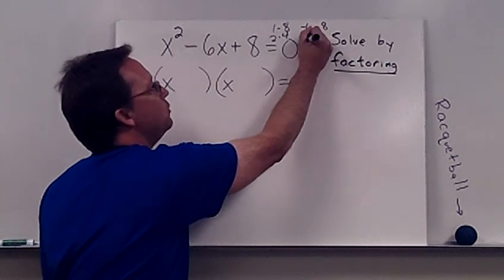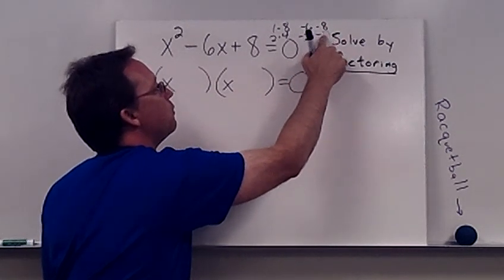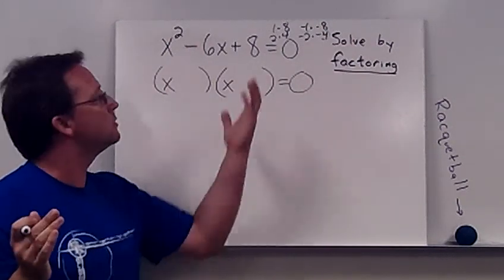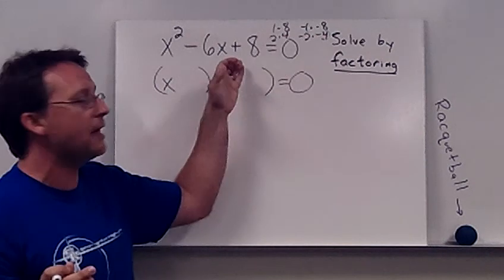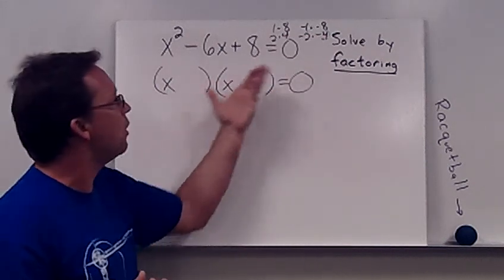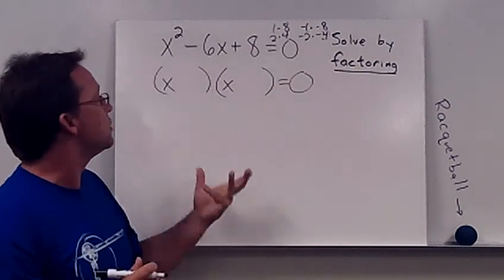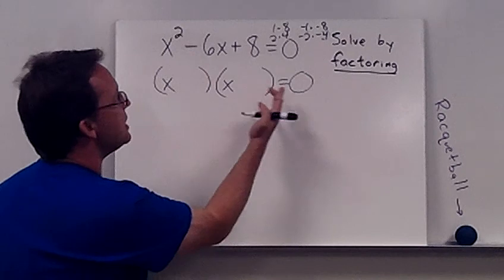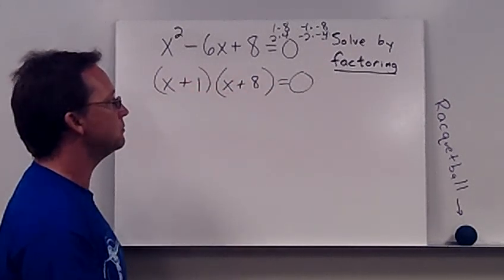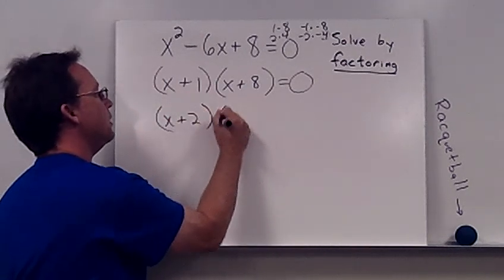Maybe negative 2 times negative 4. Right? Any of those combinations would multiply together to give us a plus 8 at the end. So I've got to figure out which of those is the correct one to use here. So really, this could be a plus 1 and a plus 8. It could be a plus 2 and a plus 4.